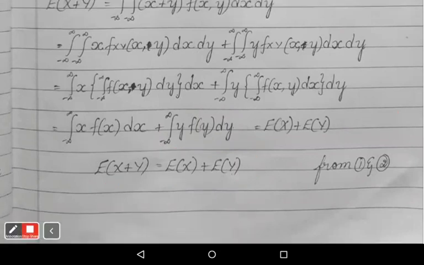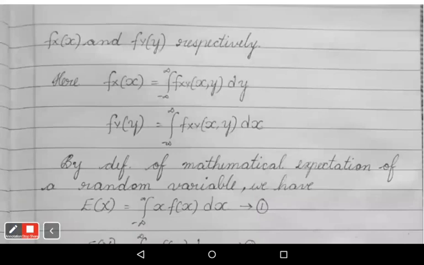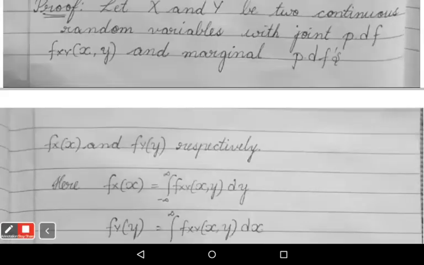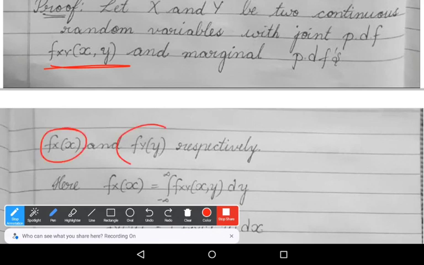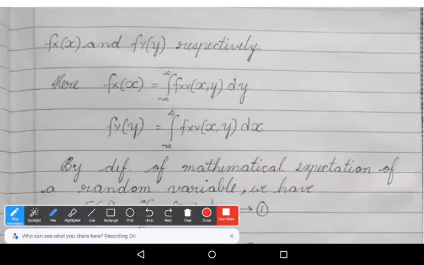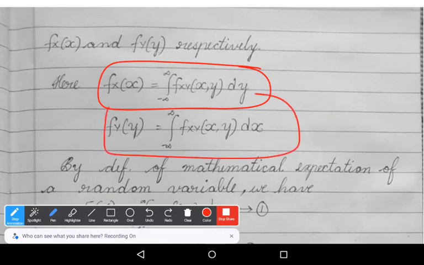Here in this proof, you must remember the point. This f xy of x comma y is the joint PDF of the variables, and f x of x and f y of y are nothing but marginal PDFs. Also, f x of x is integral from minus infinity to plus infinity f xy of x comma y dy, and f y of y is equal to integral from minus infinity to infinity f xy of x comma y dx.